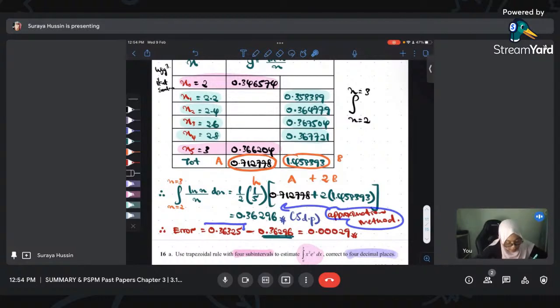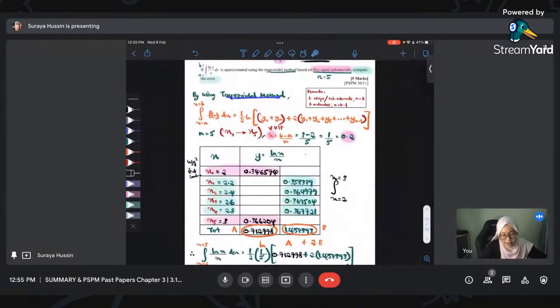Jawapan yang tepat adalah jawapan yang dihasilkan menggunakan formula biasa yang kita pakai dalam integration. That is the most correct answer. Trapezoidal rule is just an approximation method that we can also apply.